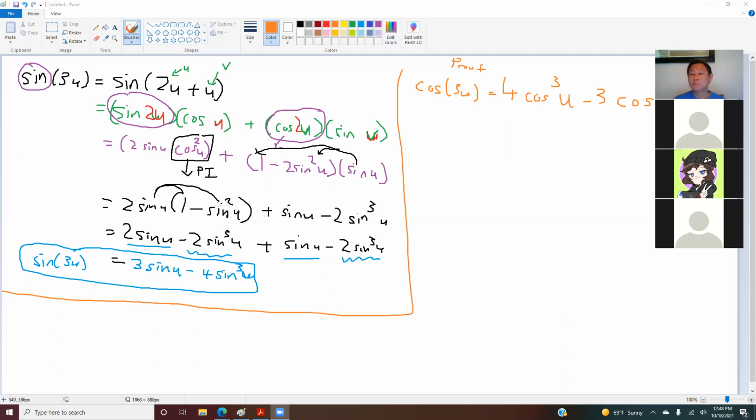So we split it into cosine of 2u plus u. All right. And then you use 7.4. Make sure you copy down the sine 3u first because it's very similar to it.